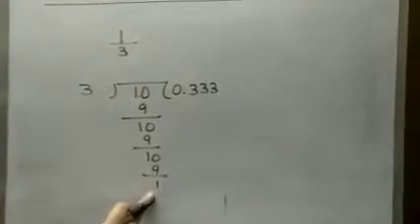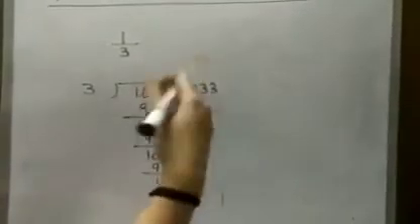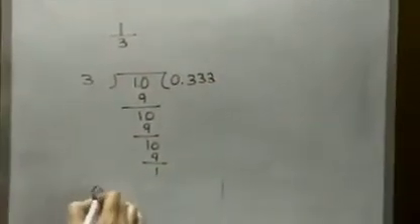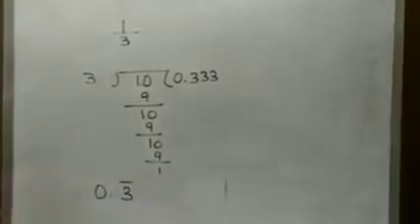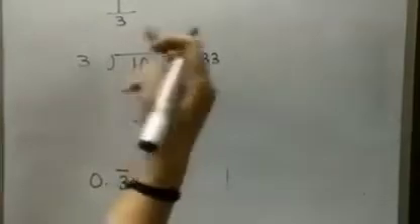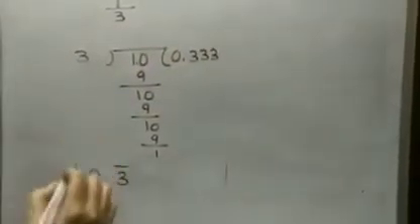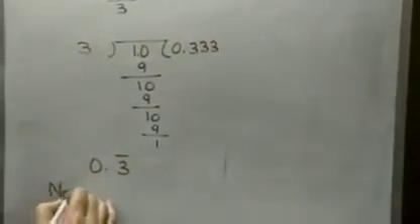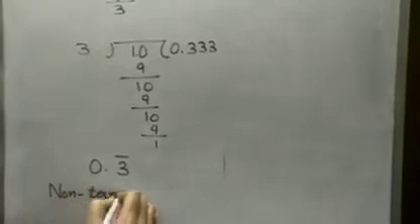The remainder will never become 0 because the digit starts repeating. So therefore we are going to place this bar over this 3. That shows this 3 is repeating in the decimal part. Therefore this number has non-terminating decimal form.